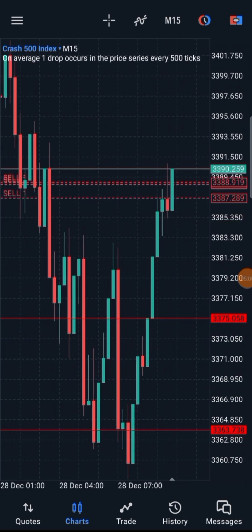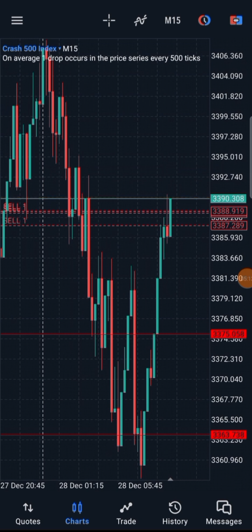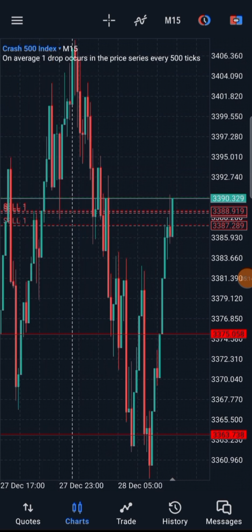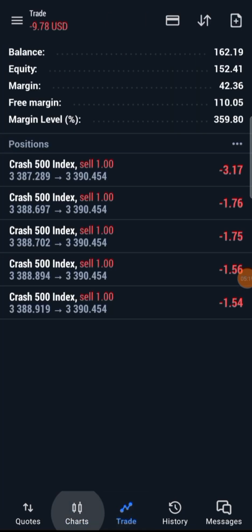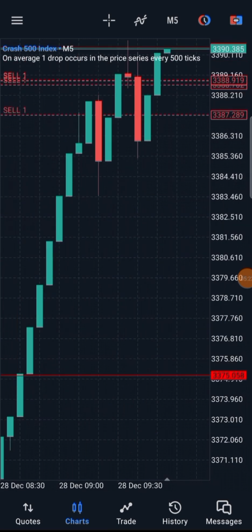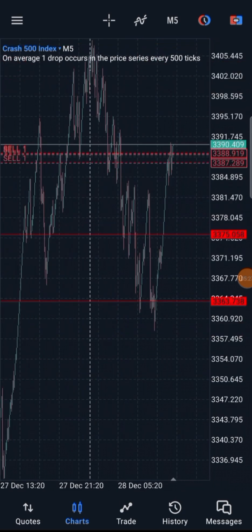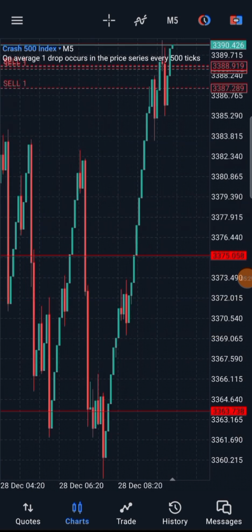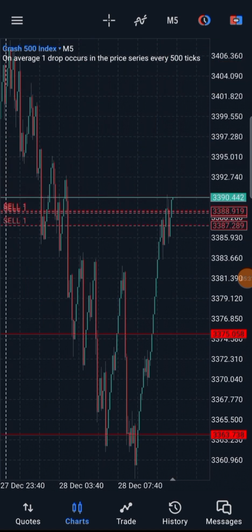But at times it has a tendency of even passing that point, so it depends with you. I normally close some trades and leave some running with a stop loss, but at times I then close with a loss of the trades that I would have left running, or at times break even. Yeah, because you can also trail with your stop loss.